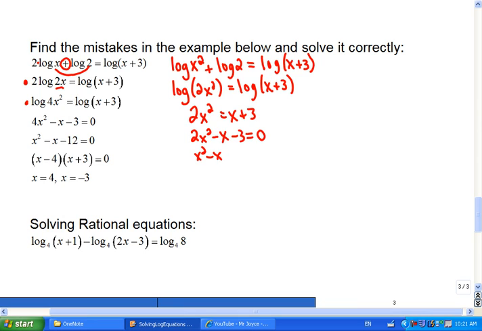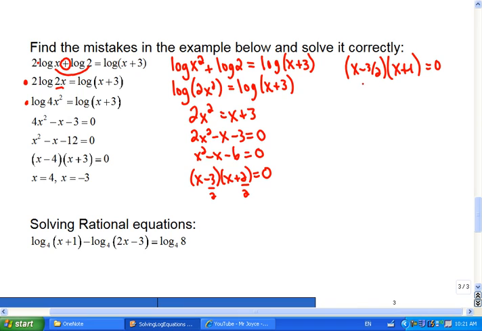So I end up with factors that look like x minus 3, x plus 2, and I've got to divide both sides here. So I'll have x minus 3 halves and x plus 1. So 2x minus 3 and x plus 1 to be equal to 0.